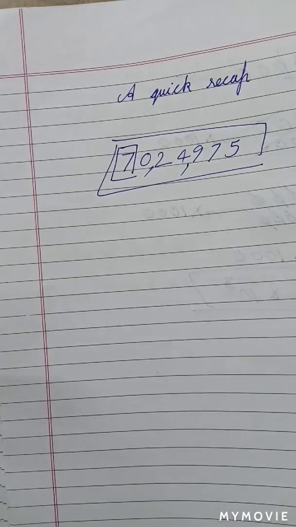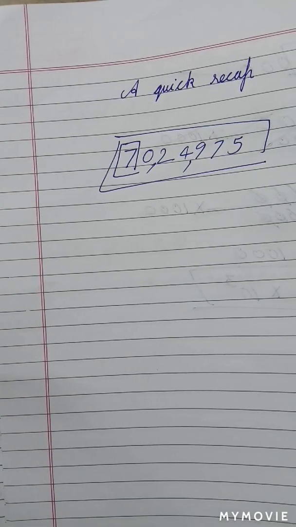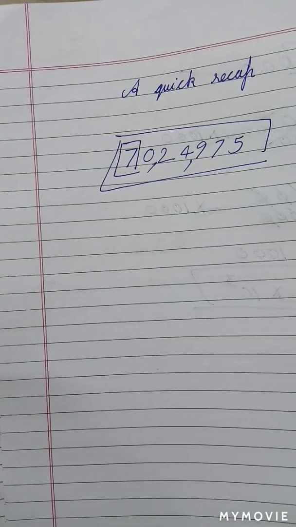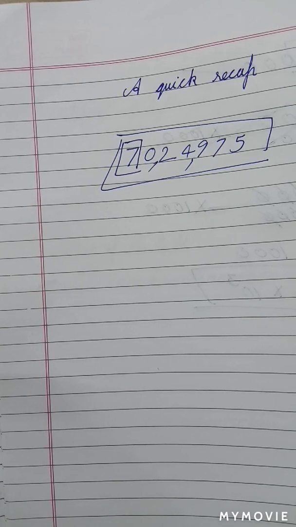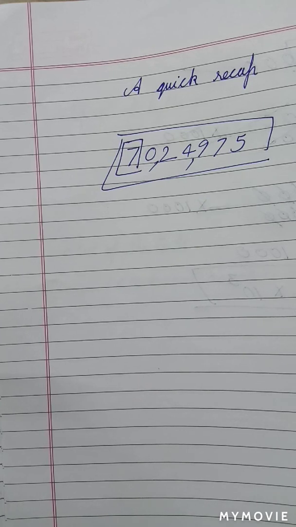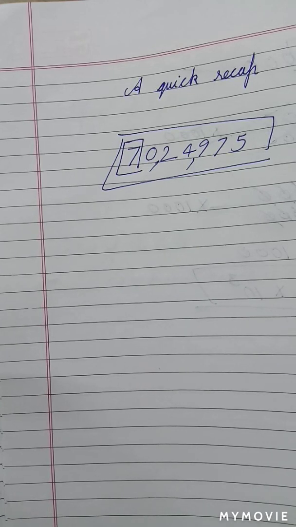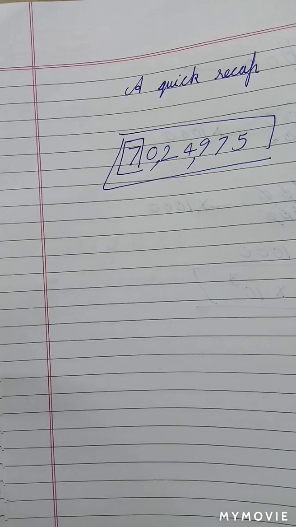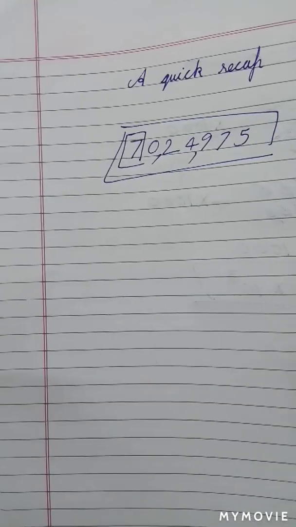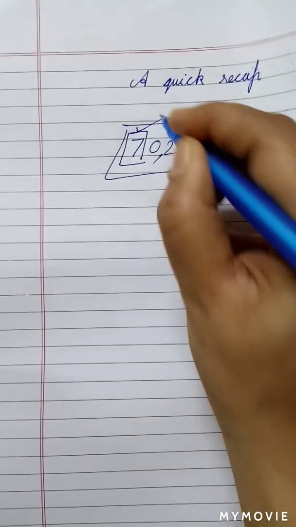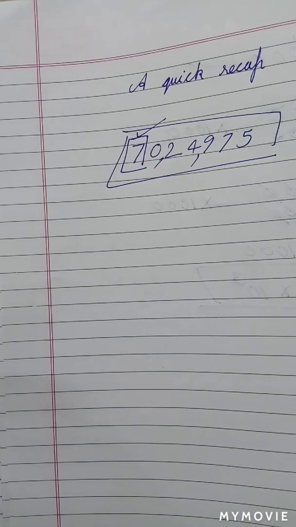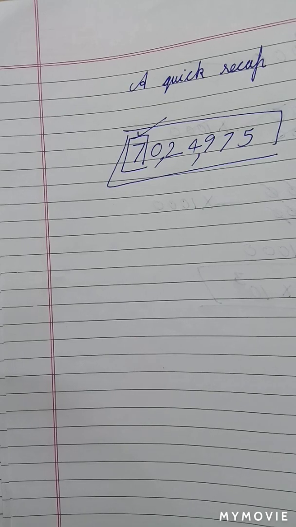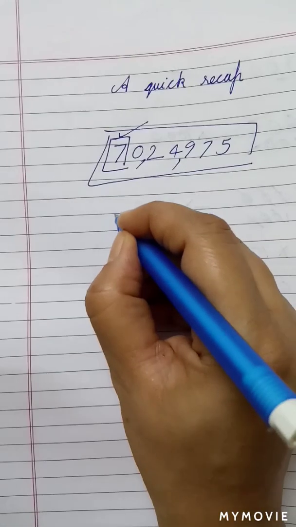The number on the extreme left should have a value between 1 and 10. If it is 1, it is considered. If it is 10, it is not considered. It is 7, so we can consider it. So it's important to know what is going to be the end result. We want a number like this.